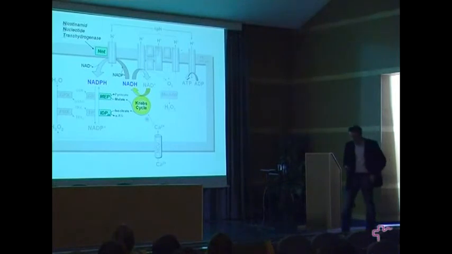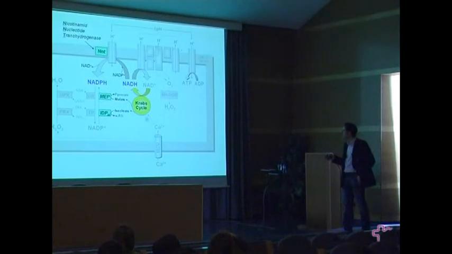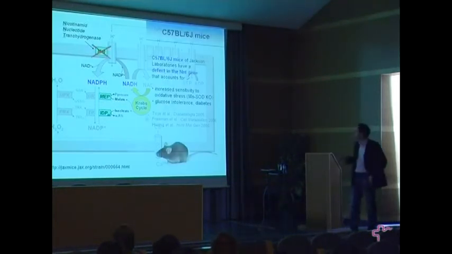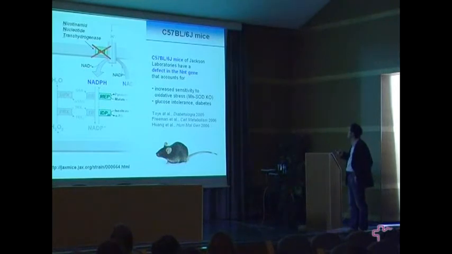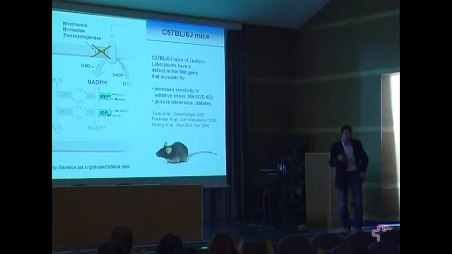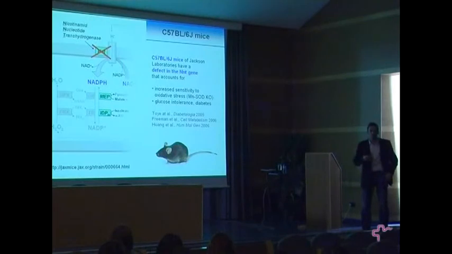So I went to the literature and I looked, and this was around 2008, and I realized that there actually was a mouse that is deficient of the transhydrogenase, and it's not just any mouse, but it's the C57 black 6 mouse from Jackson Laboratories, which is the most commonly used mouse for any models, not only in cardiology but in all terms of research. At least that's what you can read on the Jackson homepage.